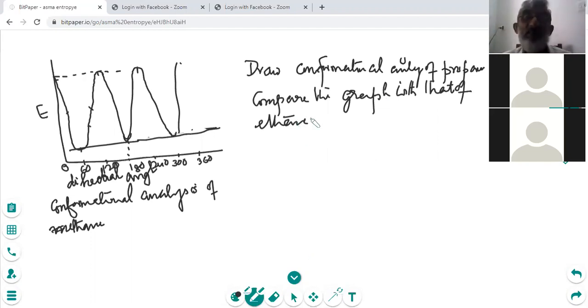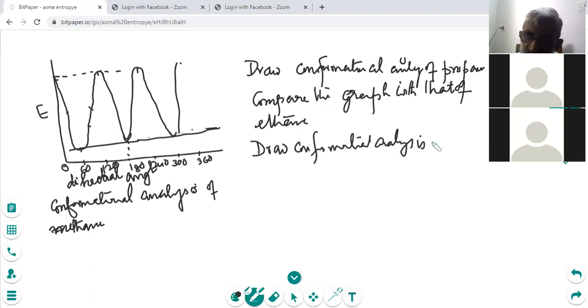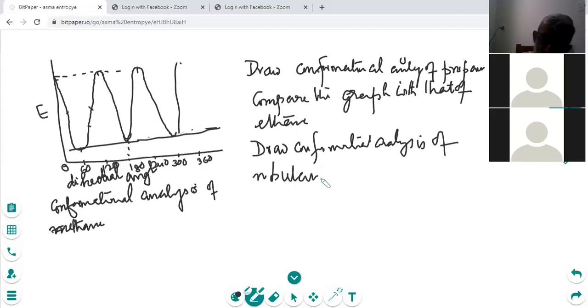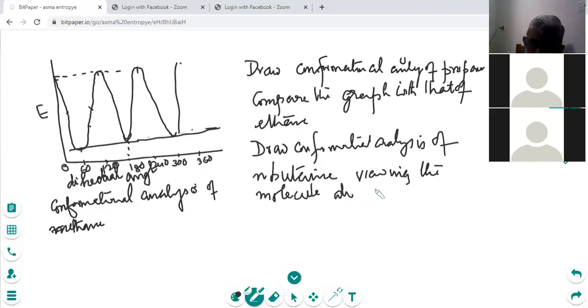And also the second one, draw the conformation analysis of n-butane, viewing the molecule along the C2-C3 axis.